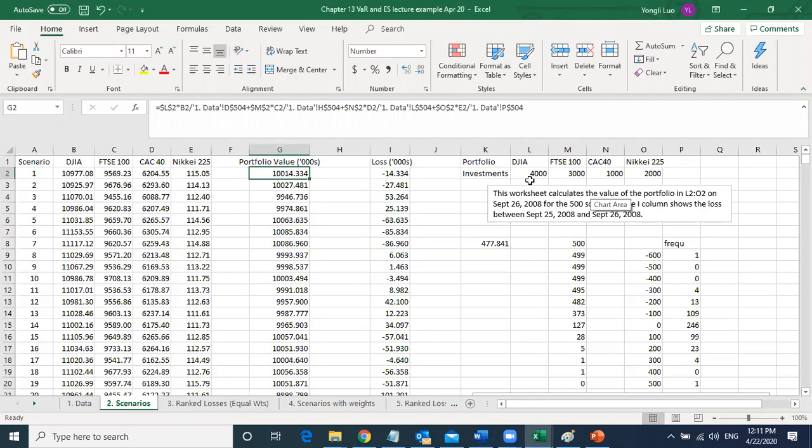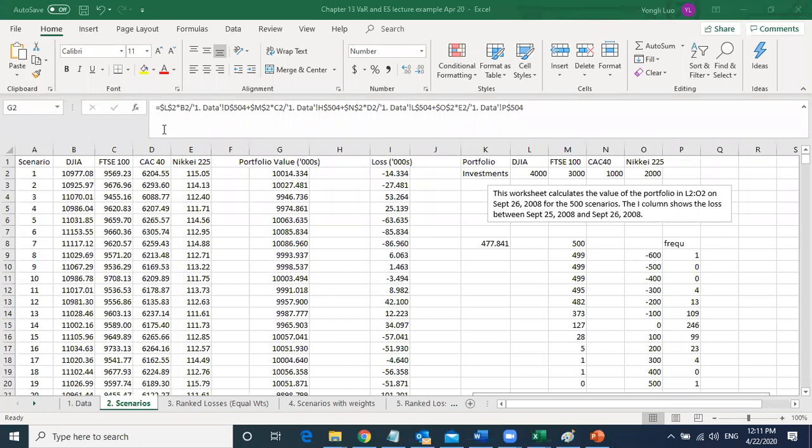The portfolio value is going to be your investment, this is L2, that's your total investment, times the B2, divided by the D504. That's the last one, from the previous day.